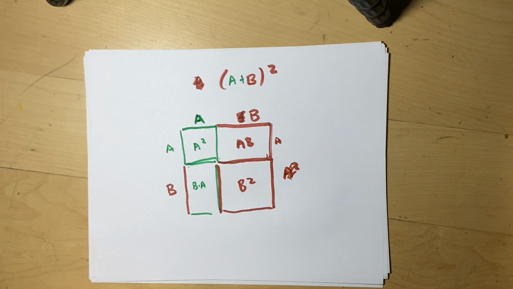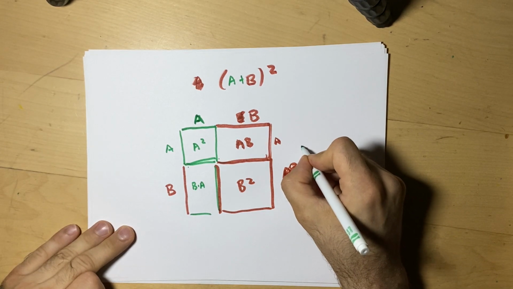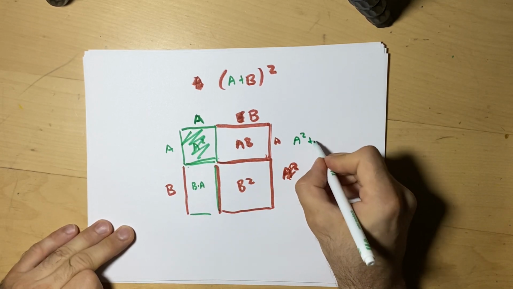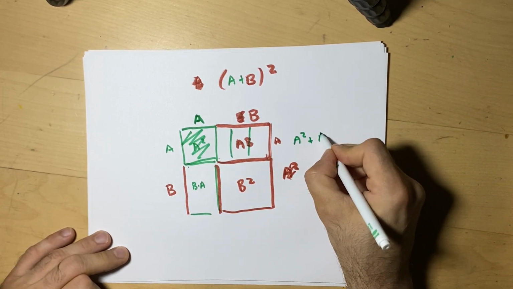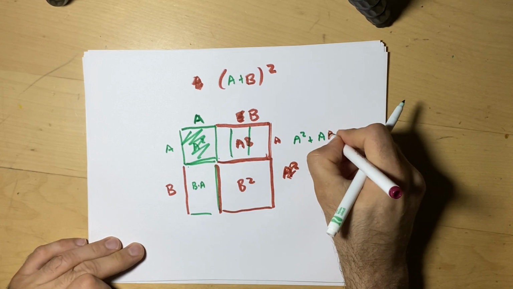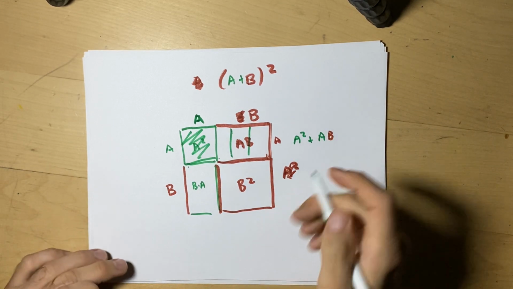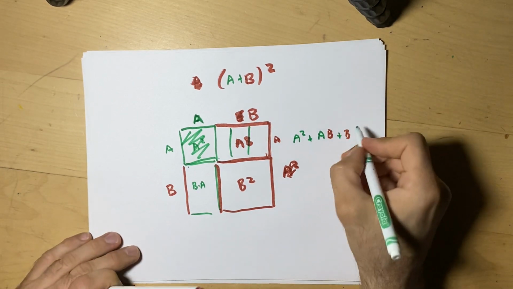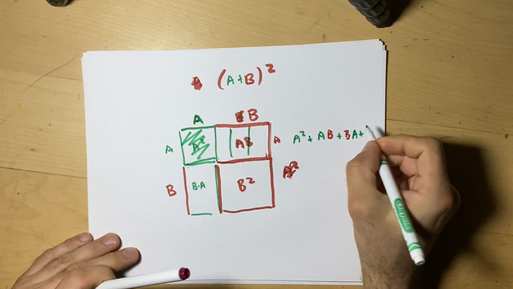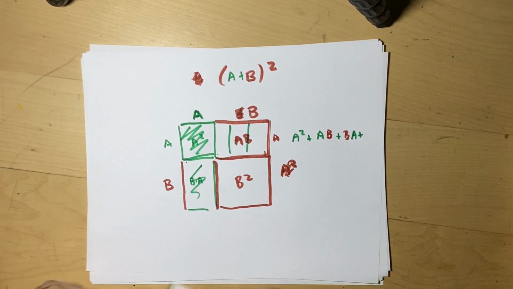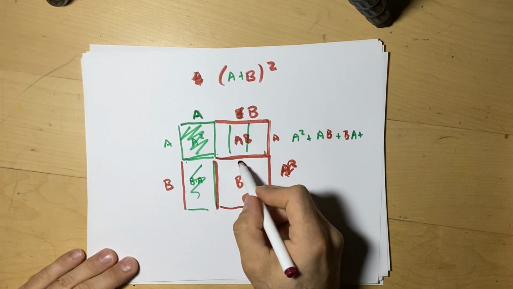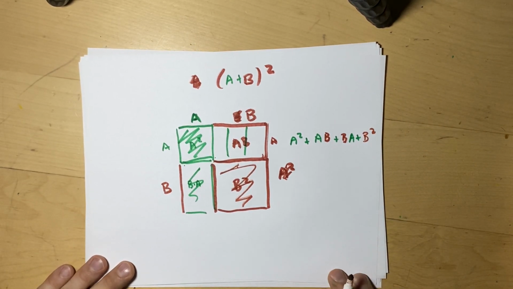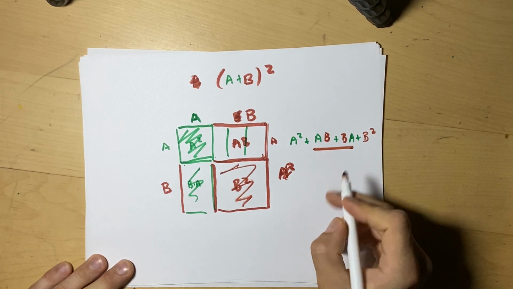If we really want to use the correct colors, we have a squared here plus an ab, I'll use 2 colors, plus another one, technically is BA, but they're the same as AB. And then the final thing we have is a square here, a b squared. So there's two of these.